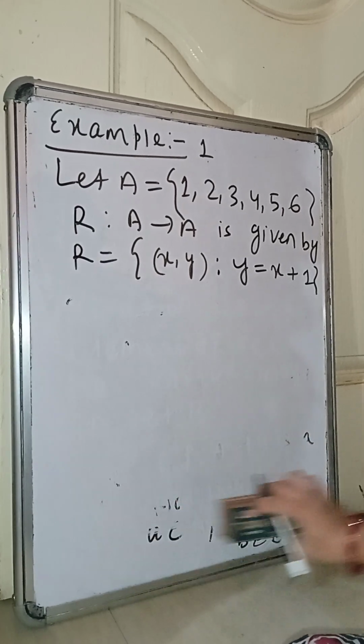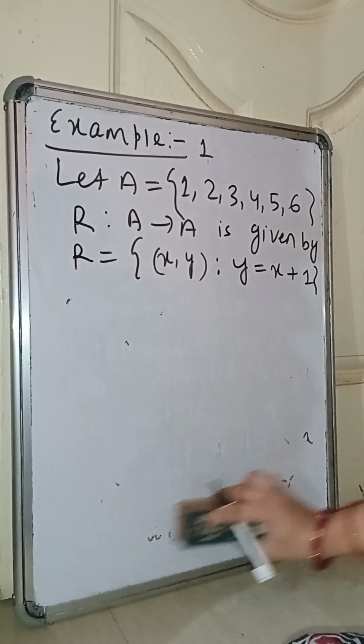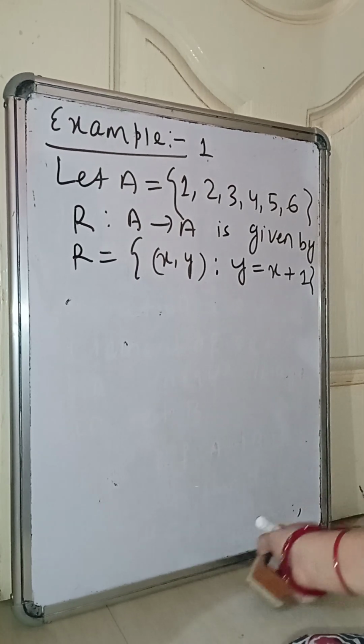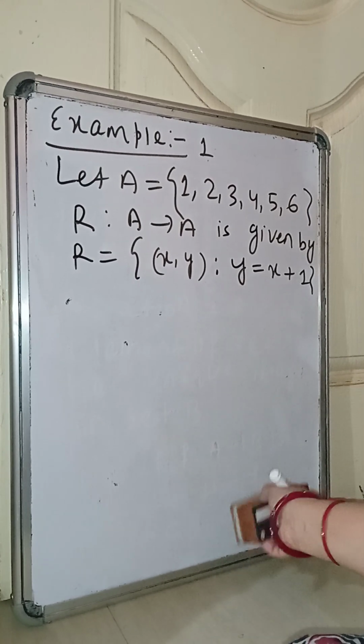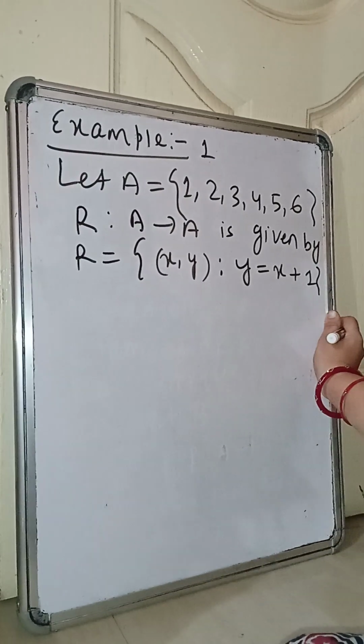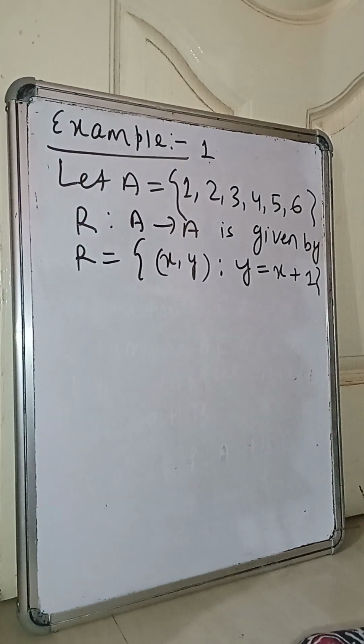Whether this relation is a function, because you know function is a special type of relation, and I also discussed which type of relation is said to be a function: if each element of set A, that is called the domain, has an image in set B, which is the codomain of the function, and each image is unique. Means one element cannot have more than one image in the codomain set.